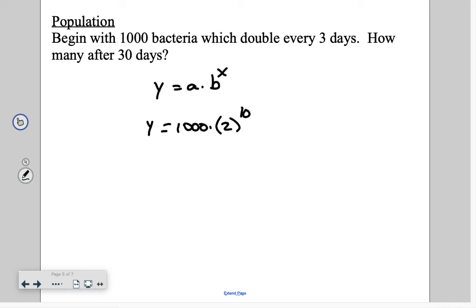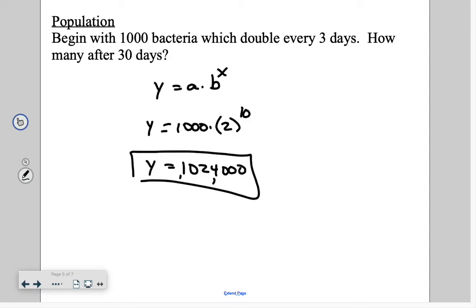Once again, you type it into the calculator once you get it set up correctly. And what is this one? It's a big number, I know that. So you end up with, you started with 1,000 bacteria. 30 days later, 1 month later, you have over 1 million bacteria. So again, gives you the idea of population growth and growing very, very rapidly.